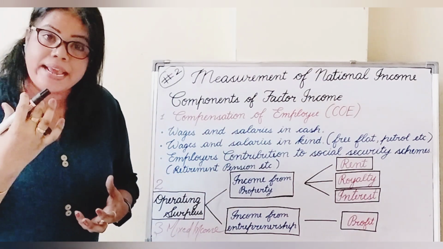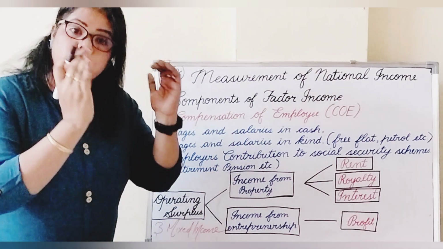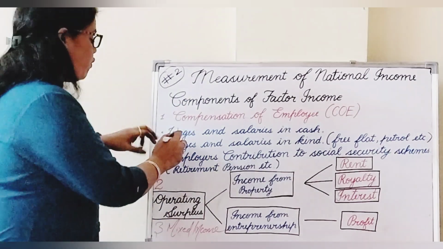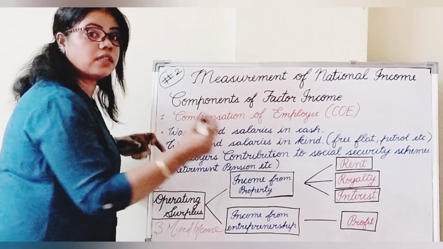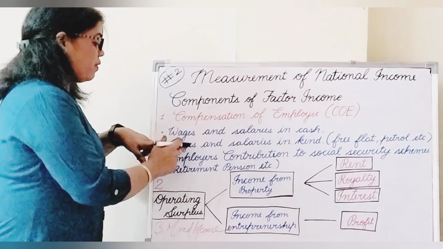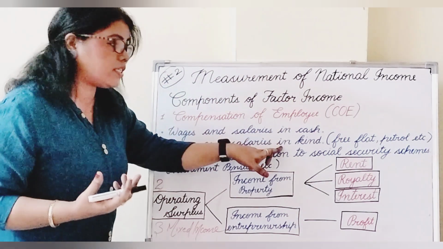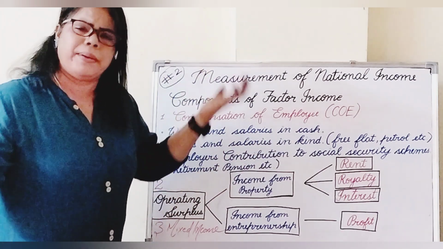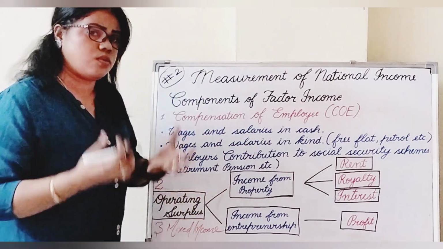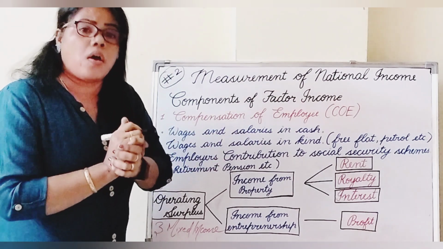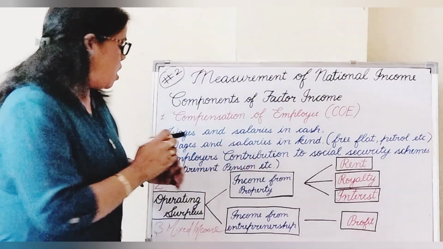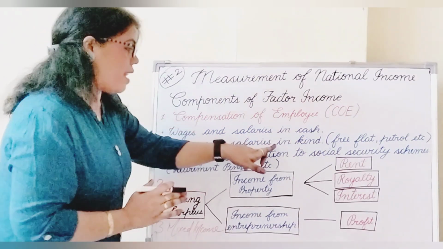Compensation of employees means the salaries or wages given in the form of cash. I will also get wages and salaries in kind, that means in the form of accommodation facilities and other perks, whatever is given by the business organization to the factors of production. And next is wages and salaries in kind.